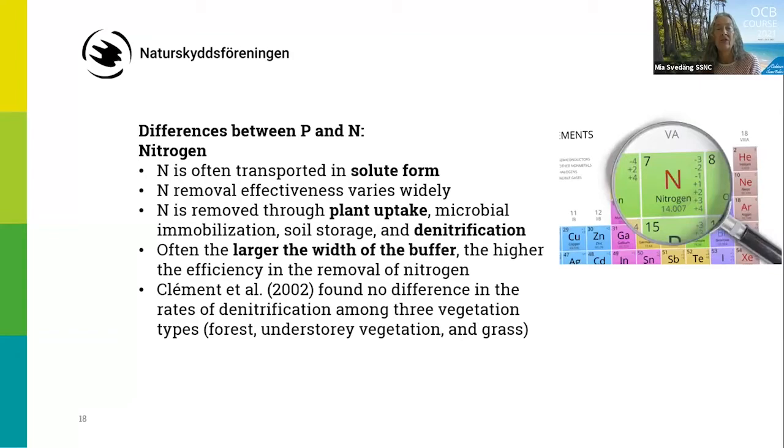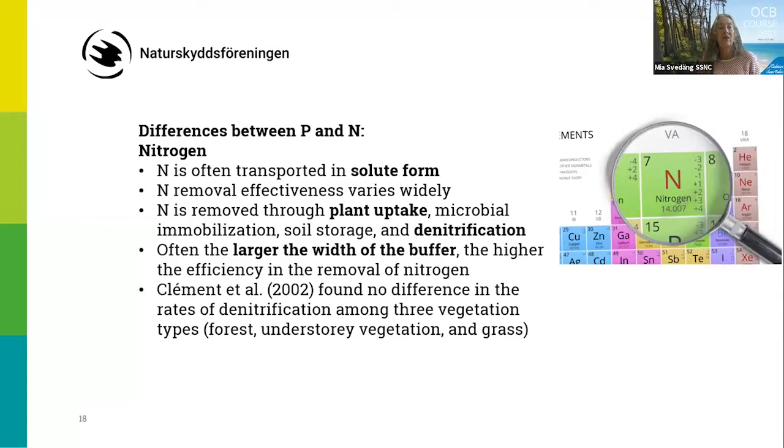So nitrogen removal effectiveness varies widely, and it is removed through plant uptake, microbial immobilization, soil storage, and denitrification. Often, the larger the width of the buffer, the higher the efficiency of nitrogen removal. So a broad buffer strip is better than a narrow one.